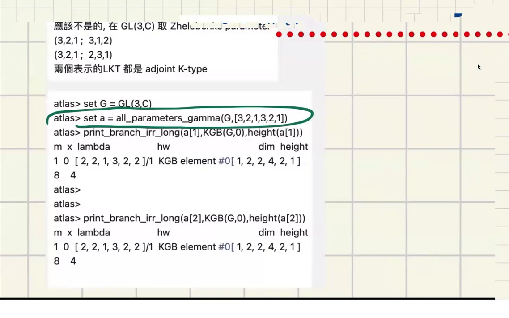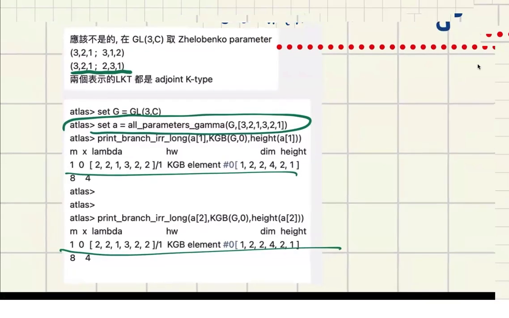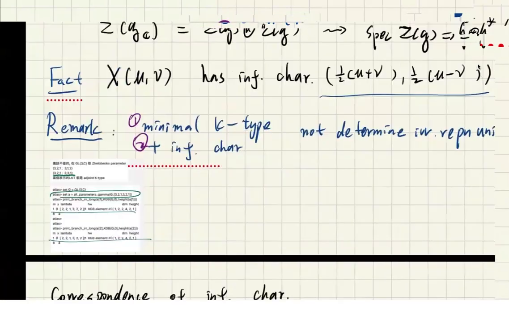Another representation is that you replace this number by this number. And then both of them have the same minimal K-type like this.